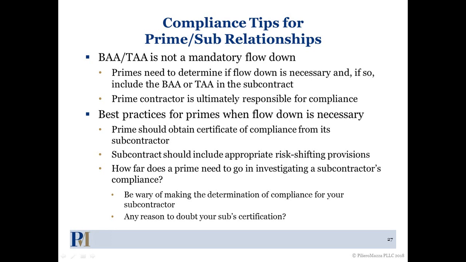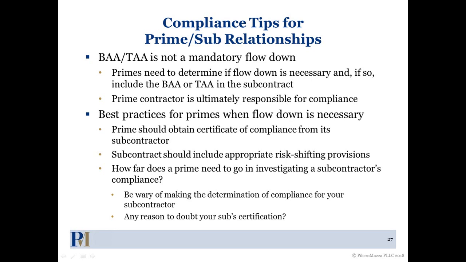So the best practices there would be: you've got to obtain a certificate of compliance from your subcontractor and, of course, flow down the applicable requirement to your subcontractor and have them certify to you in writing that they're complying. You want to make sure there are appropriate risk shifting provisions in the subcontract, and what I'm referring to in part is an indemnification provision.